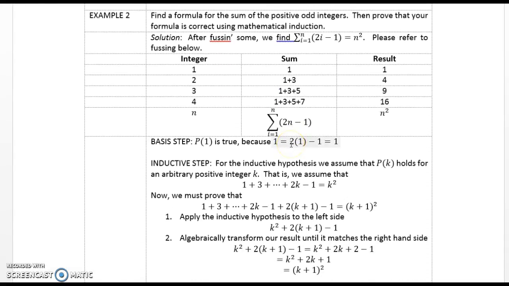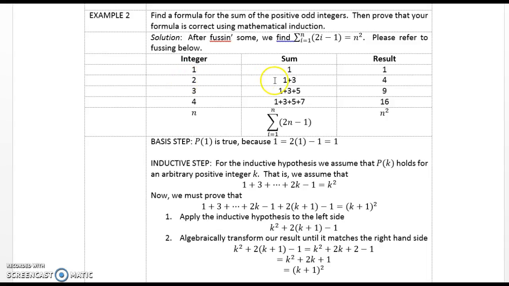Example 2. Find a formula for the sum of positive odd integers. Then prove your formula is correct using mathematical induction. After some fussing, we find that the sum from i equals 1 to n of 2i minus 1 is equal to n squared. Please refer to the table below. For integer 1, the sum is 1 and the result is 1.